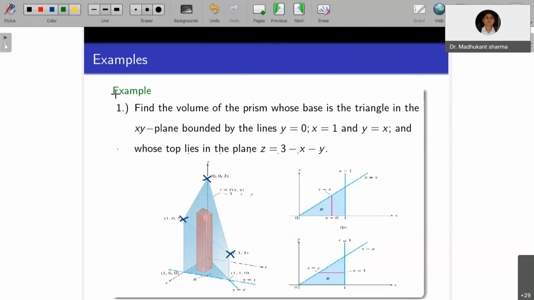So, in the last class we discussed an example which essentially gives you the volume of a solid.